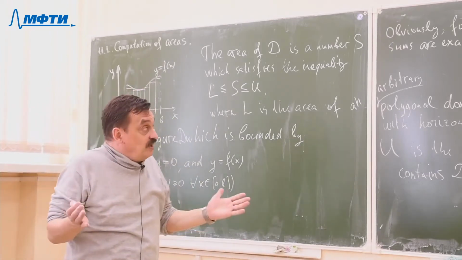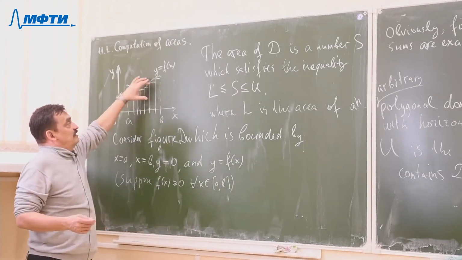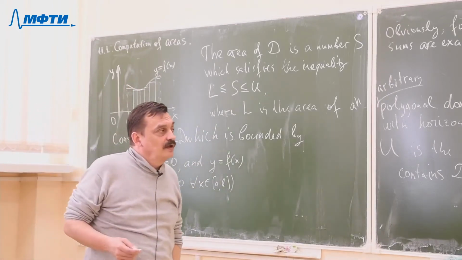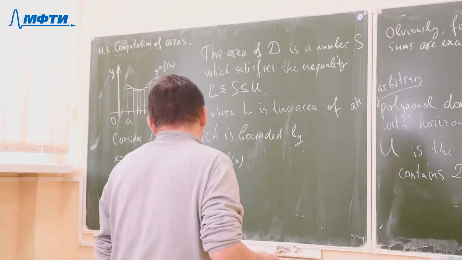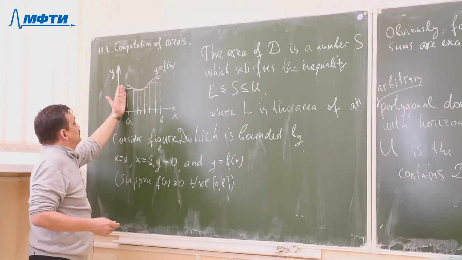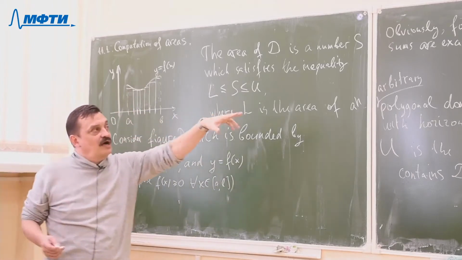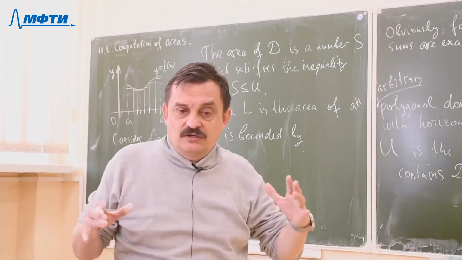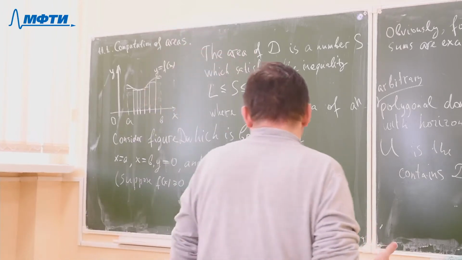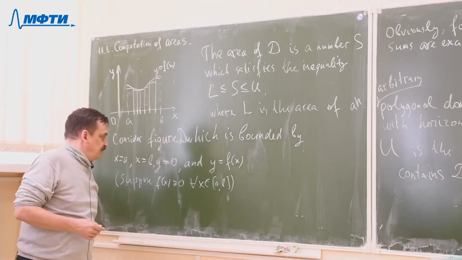You see, an arbitrary rectangular domain which is contained in D is a part of D, right? It also satisfies this presentation. If you have an arbitrary rectangular domain, then you can find a lower Darboux sum which is between this rectangular domain and our figure.